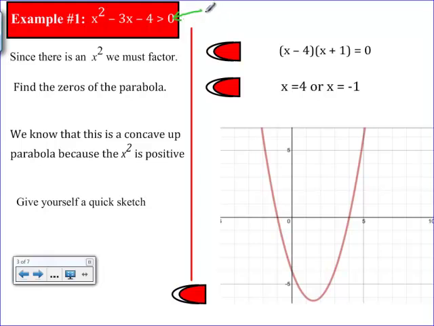It's asking you what x values make the parabola greater than 0.